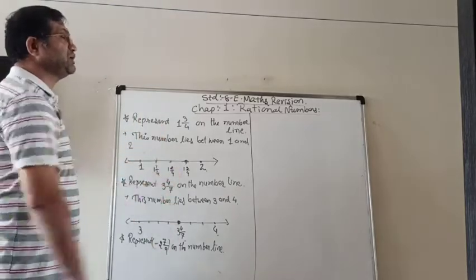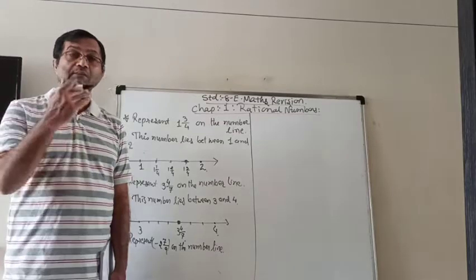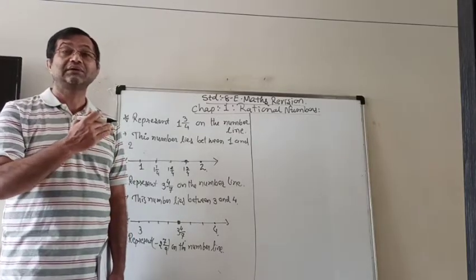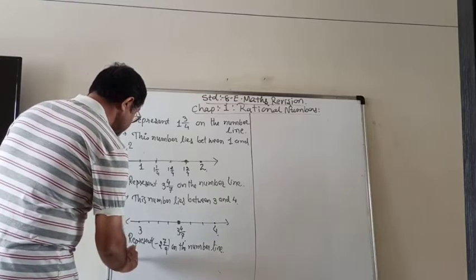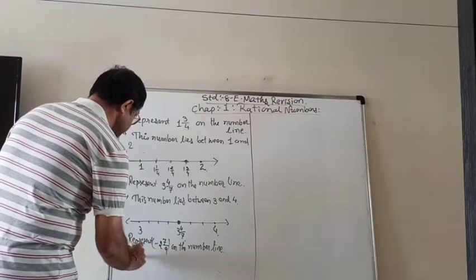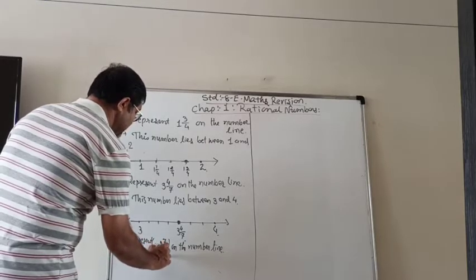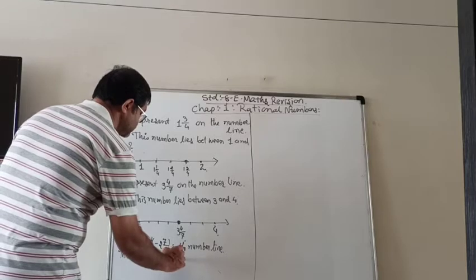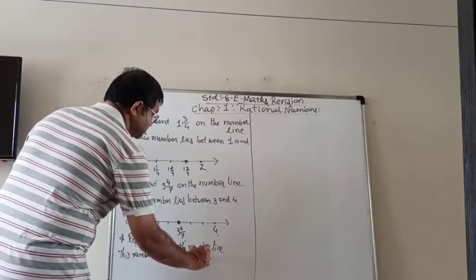So it is between which two numbers? Minus 2 and minus 3. So this number lies between minus 2 and minus 3.